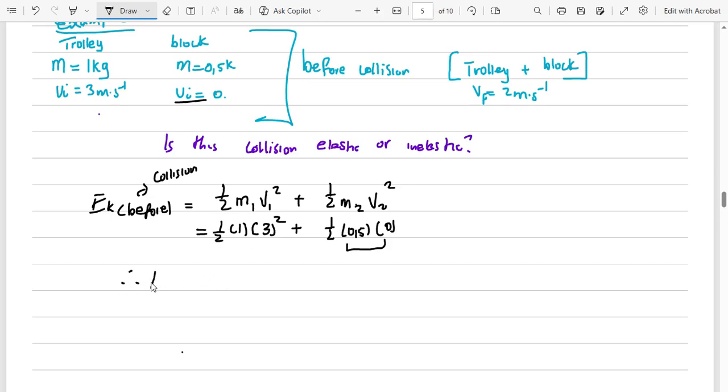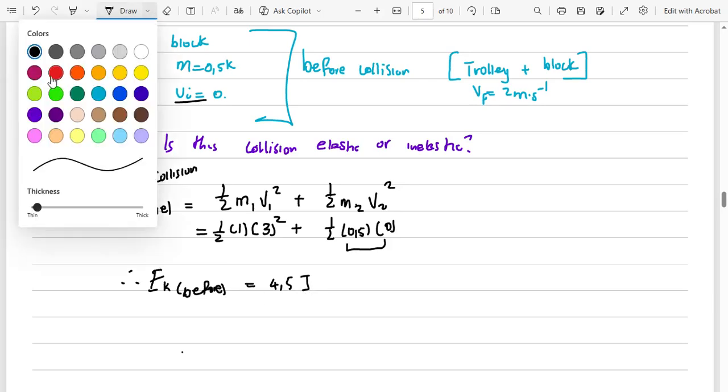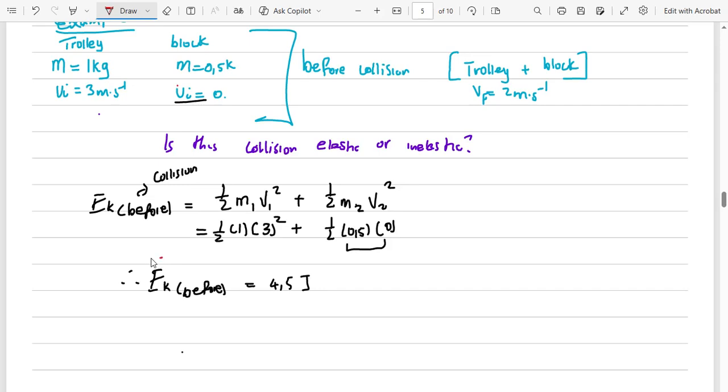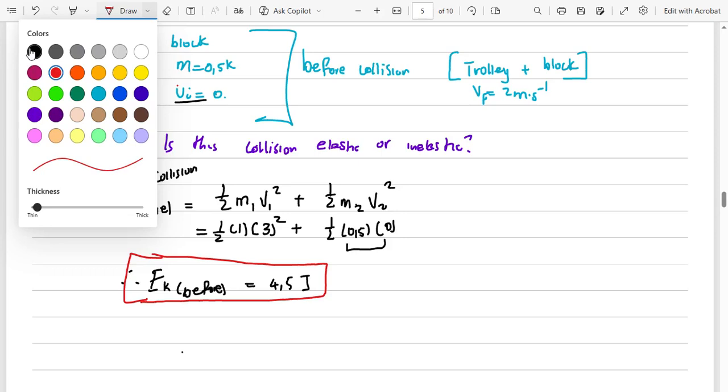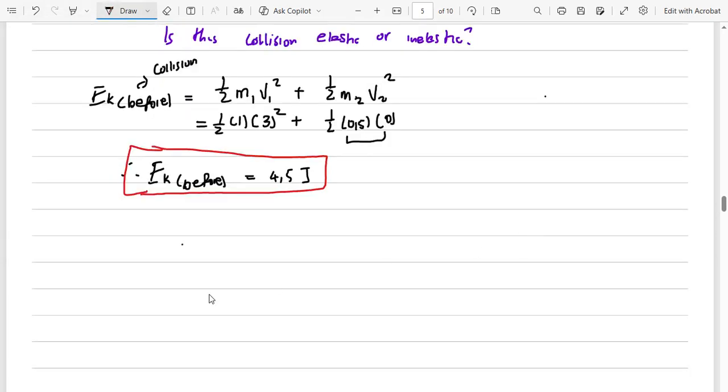So if you punch that on the calculator, you'll find that your EK before is 4.5 joules. Do you understand? So we're definitely going to need this. So this is your EK before the collision. Now we're going to also calculate the EK after the collision.